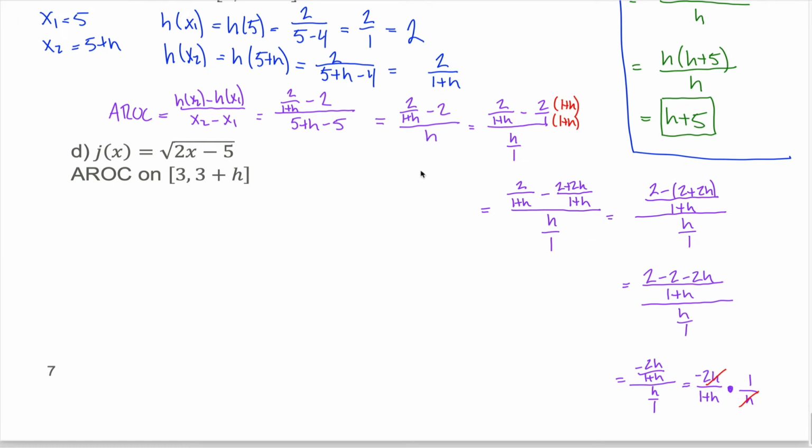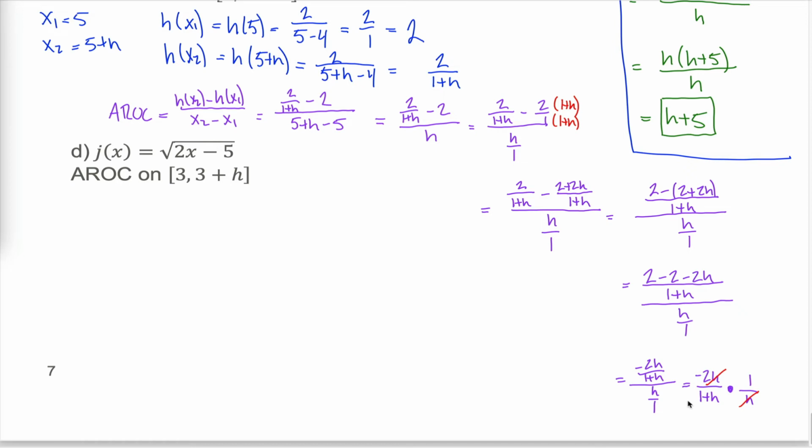So, much like the previous examples, when I got my expression for average rate of change, I was left with just an h in the denominator, and if I did enough simplification up in the numerator, I managed to cancel out that h. And this isn't just practice algebra. The ability to cancel out this h is absolutely necessary for calculus.